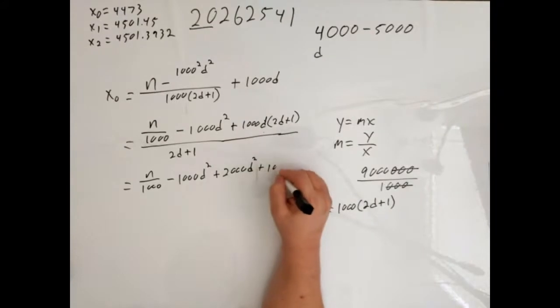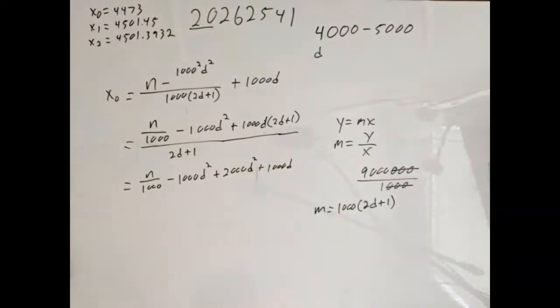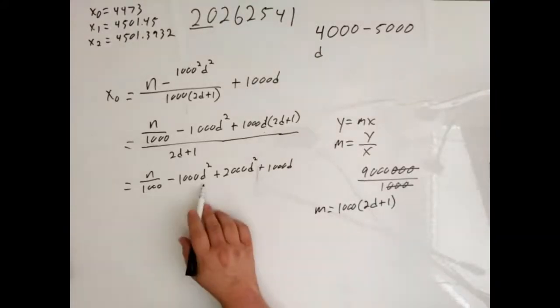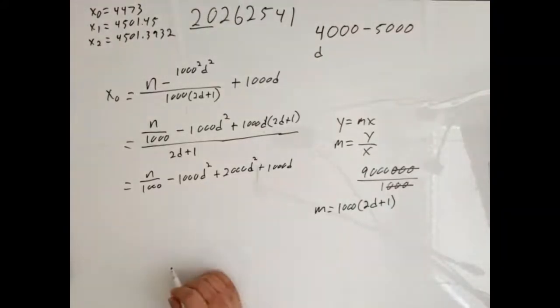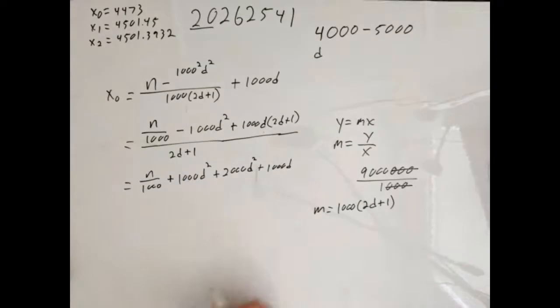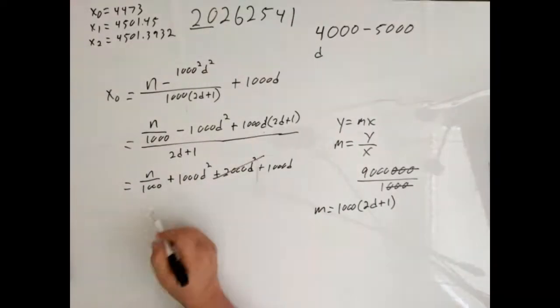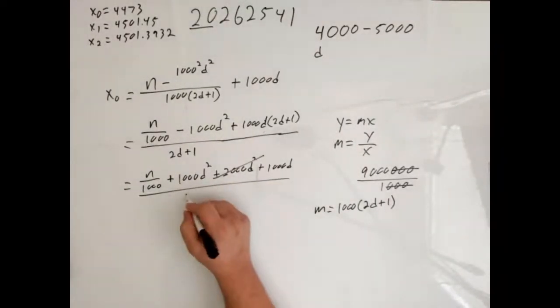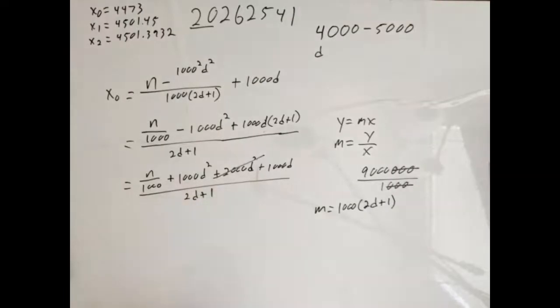plus 1,000d. Now, minus 1,000 plus 2,000 ends up plus 1,000, and we can get rid of that. Oh, and then we want to divide all this by 2d plus 1.